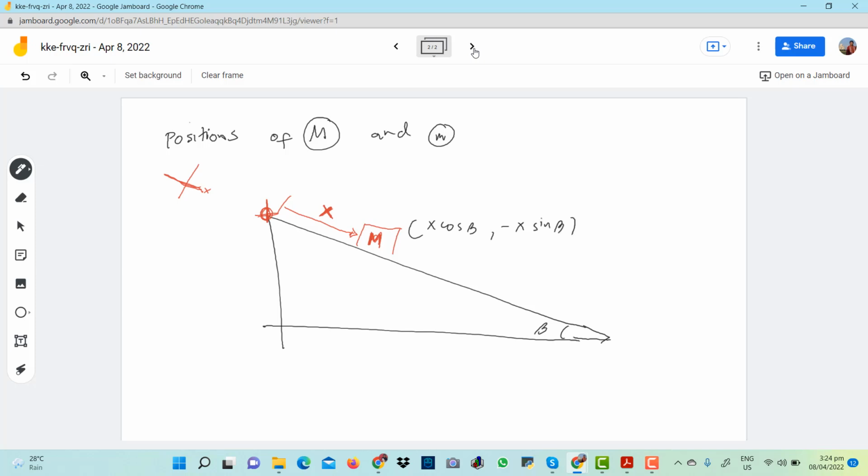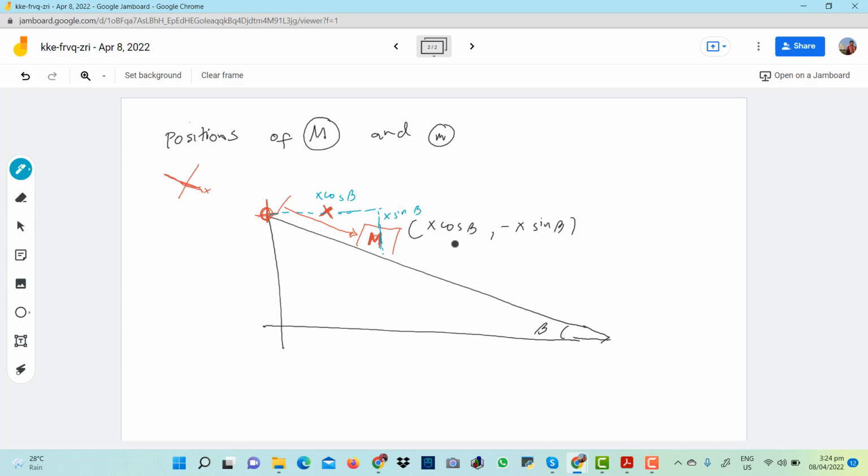If I solve for the position x, I get two coordinates, a horizontal and a vertical position. This is using cosine. So this is x cosine of beta, sorry, and then this is x sine of beta.